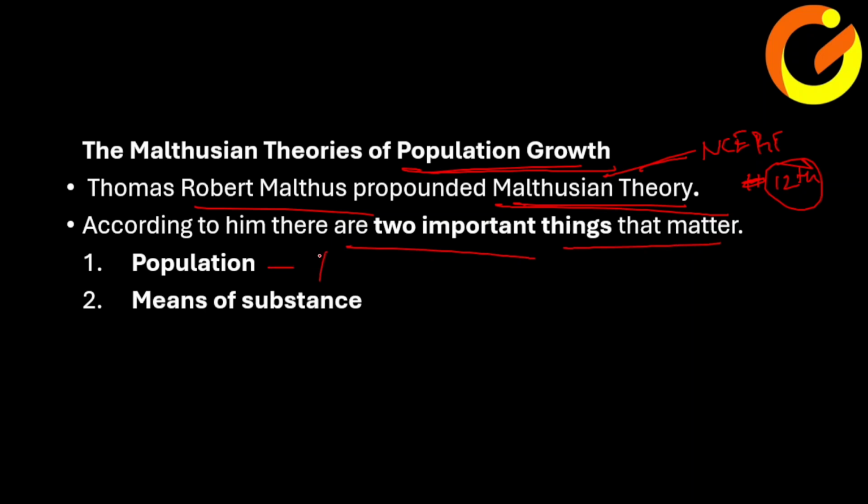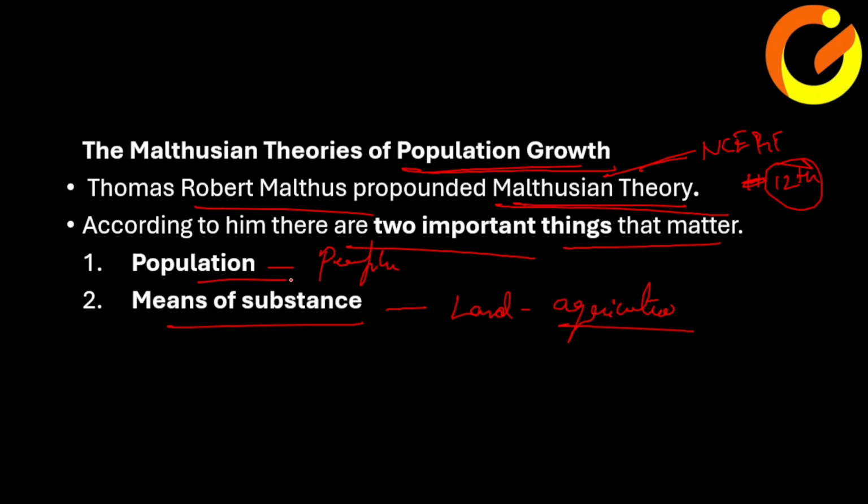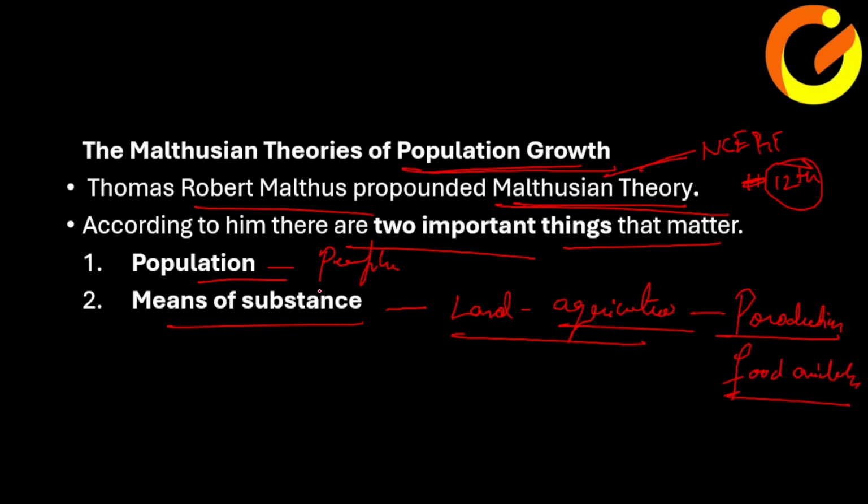Population meaning what we understand, that is people. And the means of subsistence. Here means of subsistence means the land, the agriculture. Listen carefully, because people and the land and the agriculture, here land and agriculture meaning I am talking about production, it is nothing but the food availability.